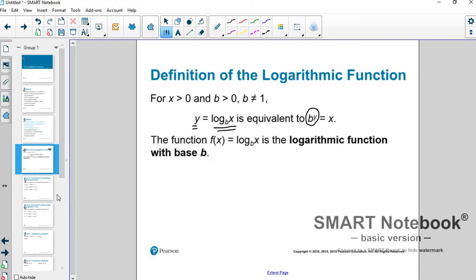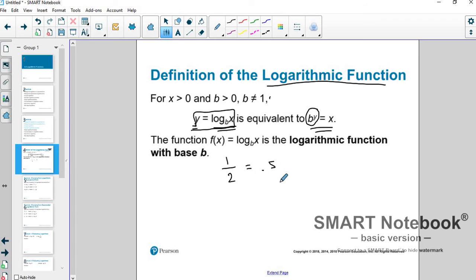So the first thing we need to be able to do is to be able to move back and forth between logarithmic expressions and exponential expressions. These are two ways to write the same relationship, right? Just like we can write 1 over 2, or we can write 0.5.